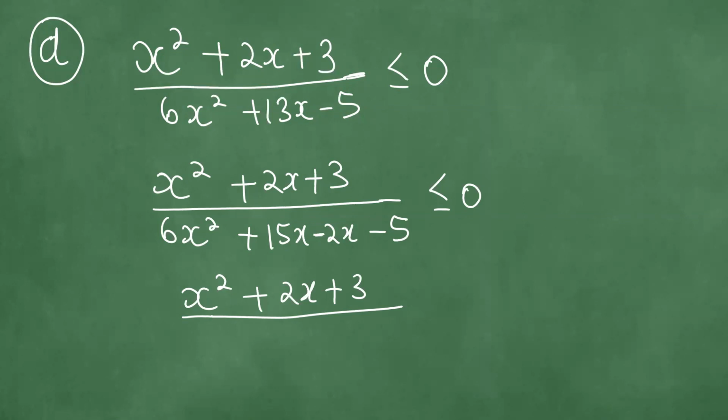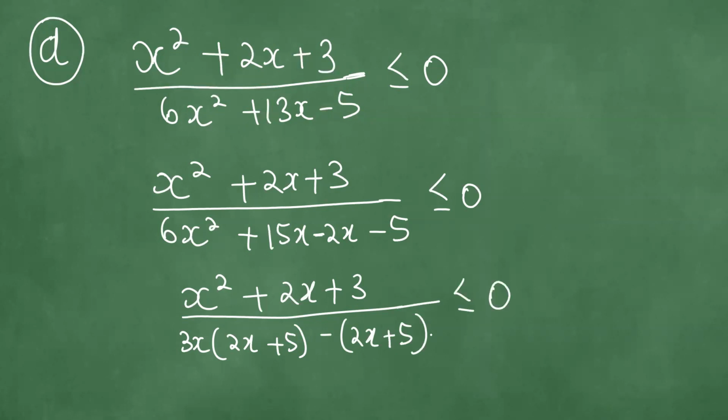Right, so now we factor out here. If we factor out 3x, we're left with twice x plus 5. Factor out here, twice x plus 5, which is less or equal to 0.